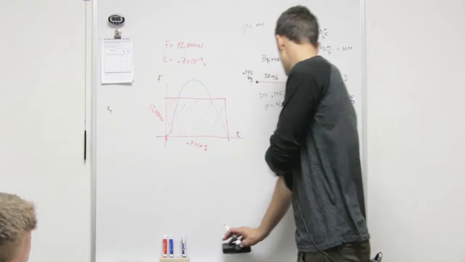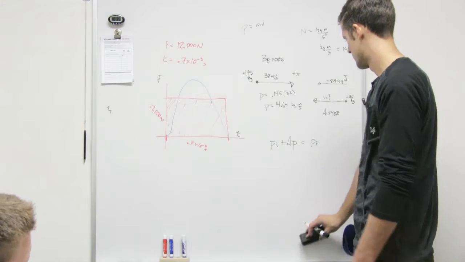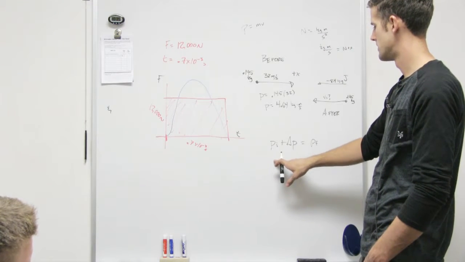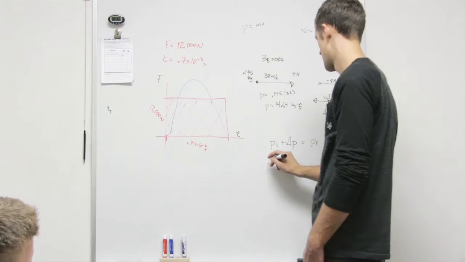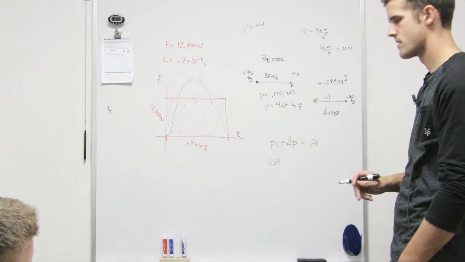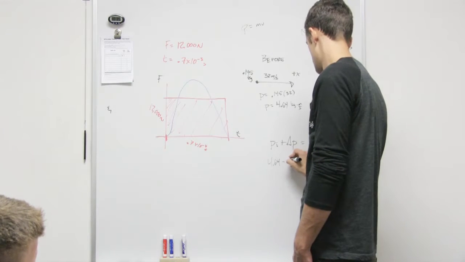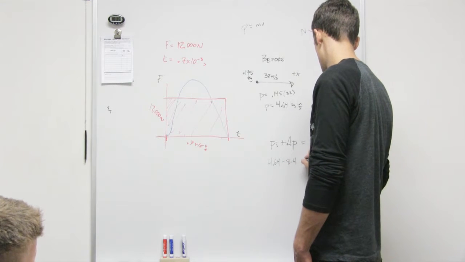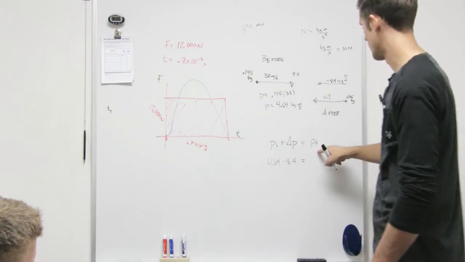So what's our initial momentum? 4.64. And then the change in momentum? Negative 8.4. And then what will this be?